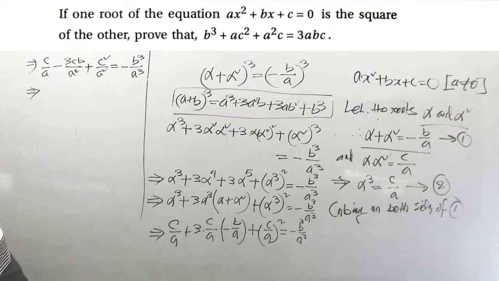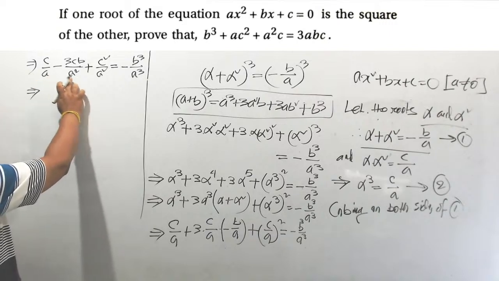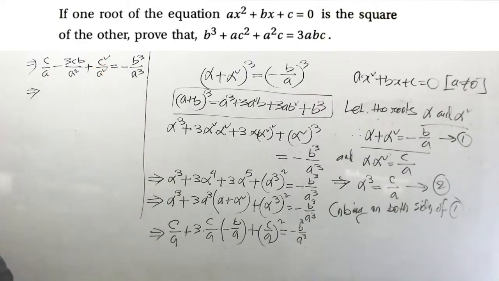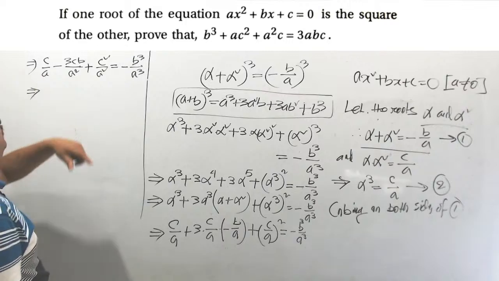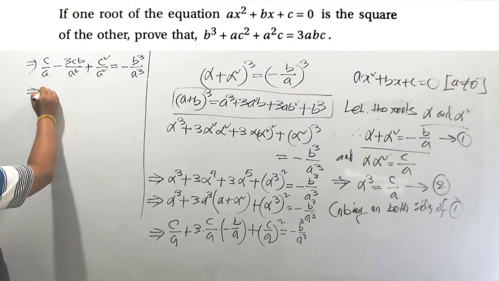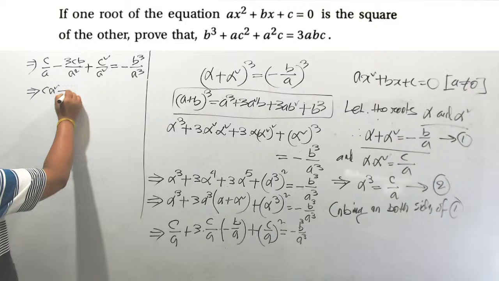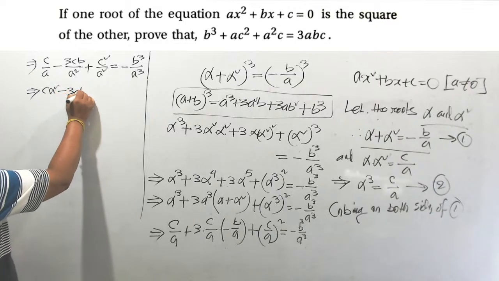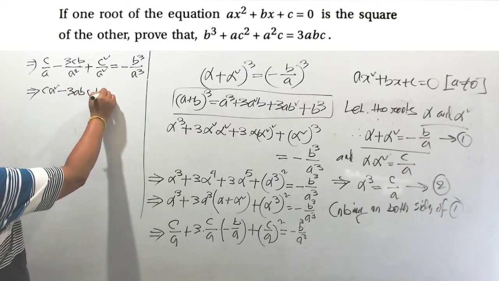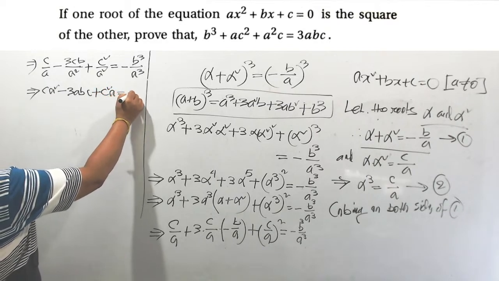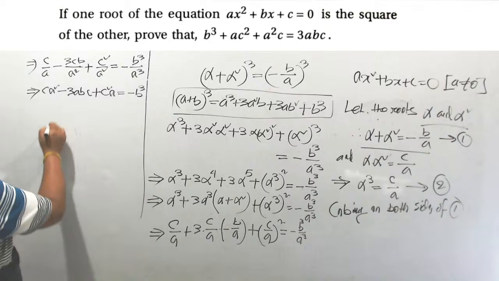What is the LCM? A cube. Multiply by a cube, that is c a square minus 3abc plus c square a is equal to minus b cube. Do you understand?